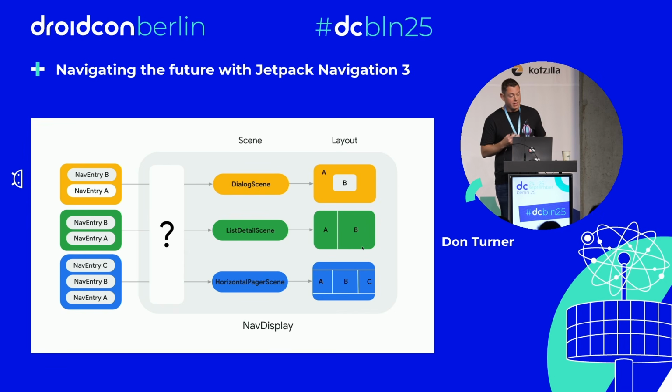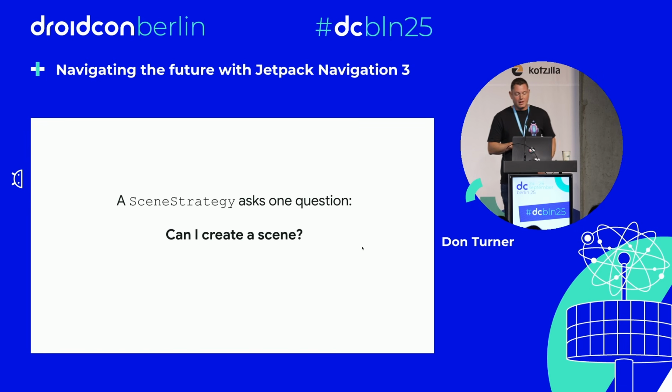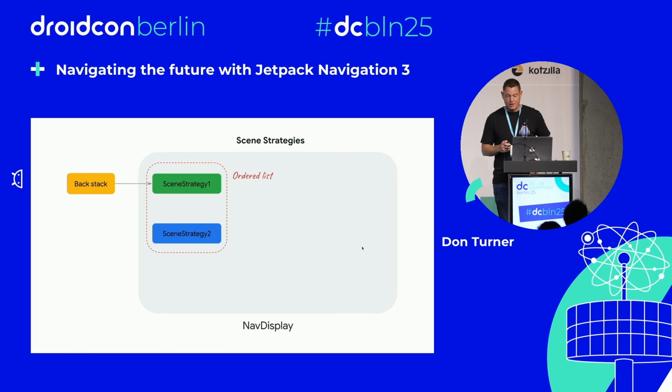But how does the NavDisplay pick the correct scene to show the entries? It uses something called a scene strategy. And a scene strategy essentially asks one question: can I build a scene? If it can, it returns it. If it can't, it returns null. The NavDisplay can receive an ordered list of scene strategies, and each one will be evaluated in turn.